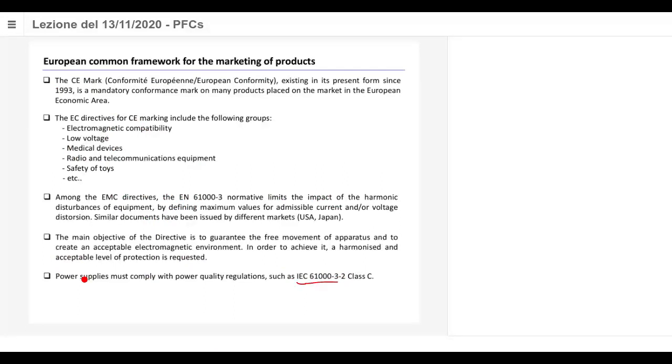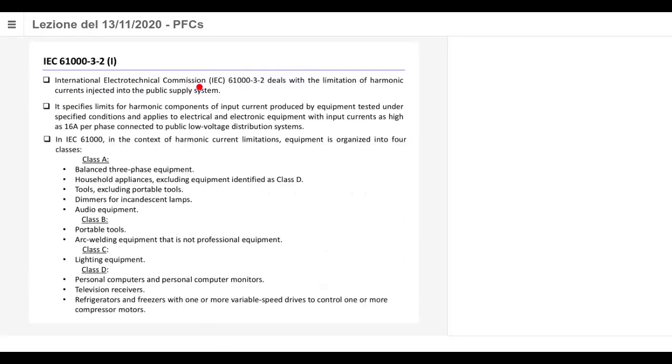Okay, the goal is always the same: avoid the generation and circulation of a lot of harmonics into a common supply network. Which is the committee that issues these normatives? In Europe, it is the International Electrotechnical Commission, the IEC for short, that covers a lot of different topics on this argument.